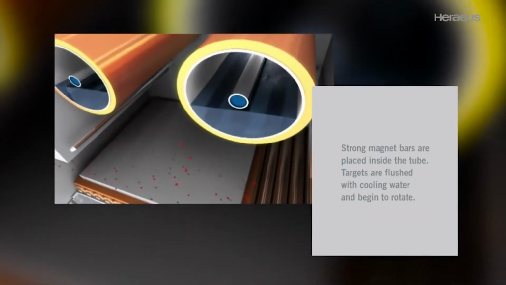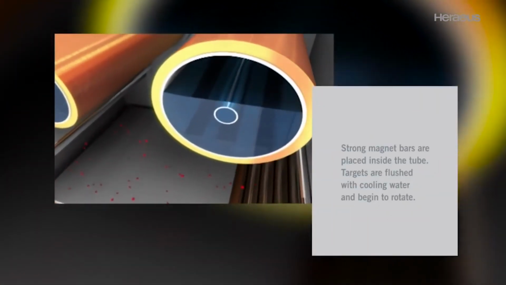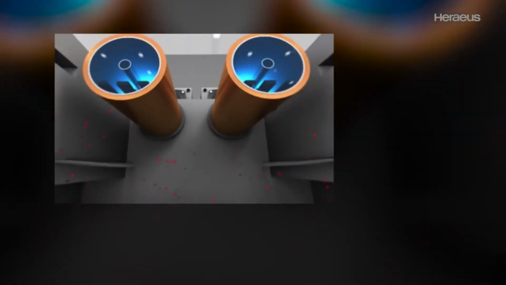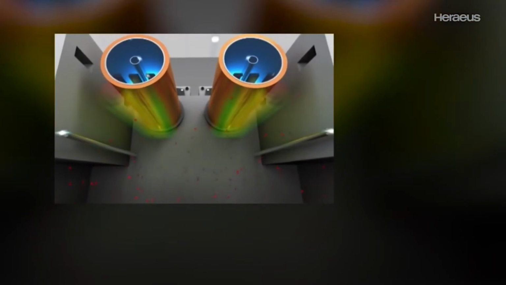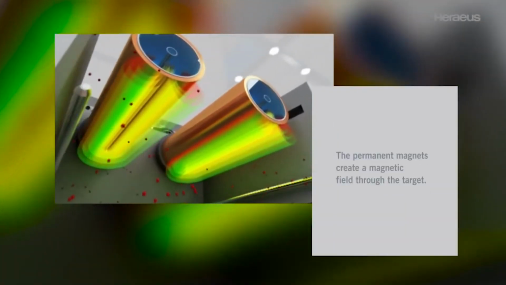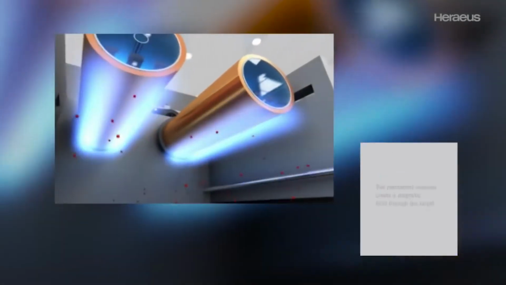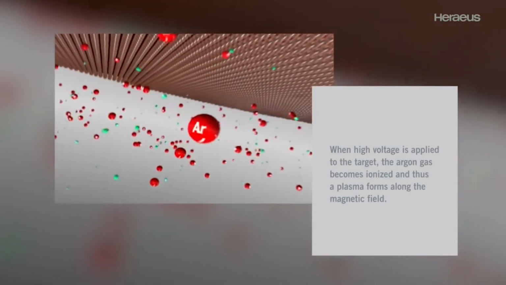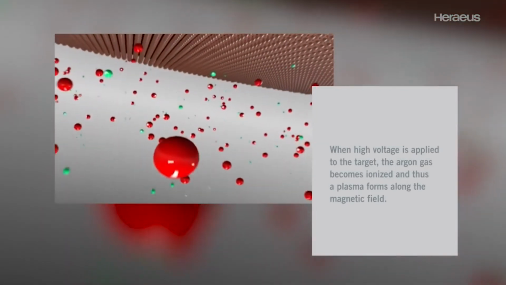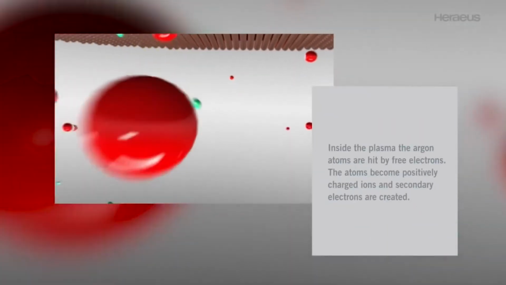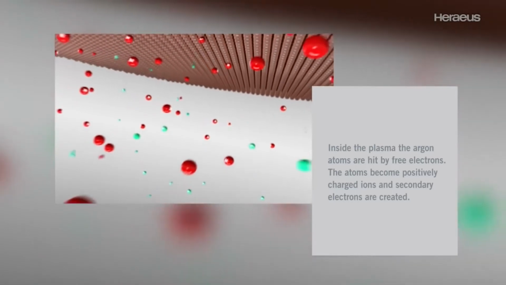Strong magnet bars are placed inside the tube, and the targets are flushed with cooling water and begin to rotate. At the same time, permanent magnets create a magnetic field through the target, and when high voltage is applied to the target, the argon gas becomes ionized, and thus a plasma forms along the magnetic field.